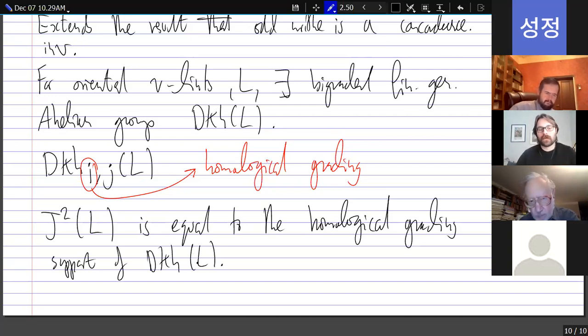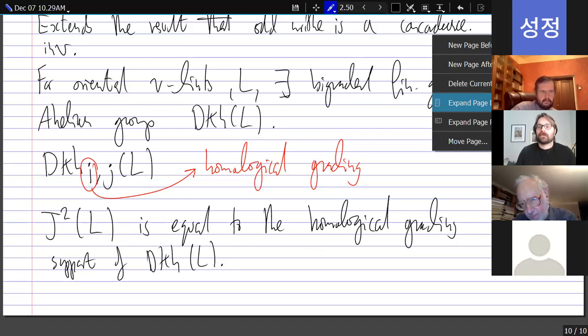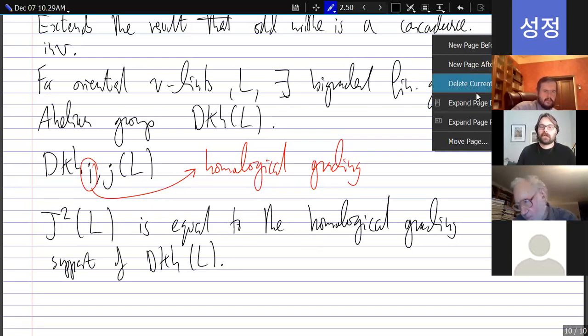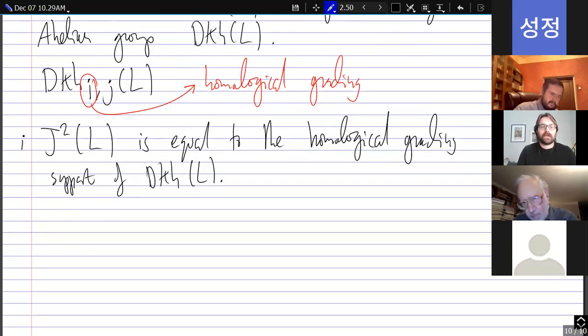So by this, I mean this homology group is non-trivial in precisely the homological degrees equal to this multiset. So if an integer appears in this multiset, then this group has a non-trivial element of that homological grading. So this is the first observation to make.